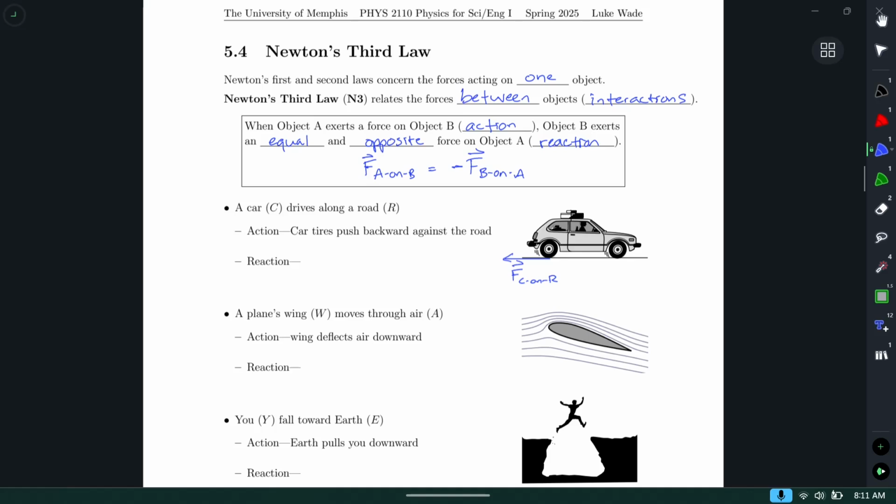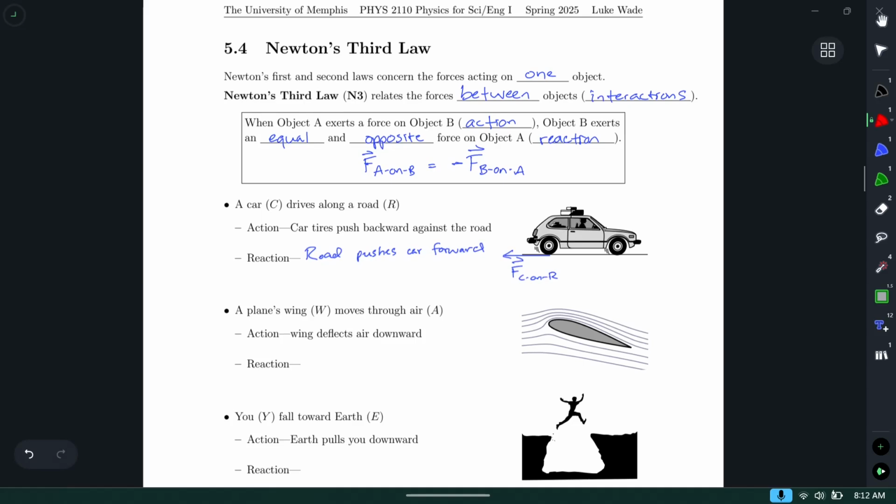What is the reaction to that? The car moves forward. Yeah, let's phrase it a little more in the same way that the action is phrased. The road pushes forward against the tires. Yeah. Say the road pushes the car forward. That is the force the road exerts on the car.